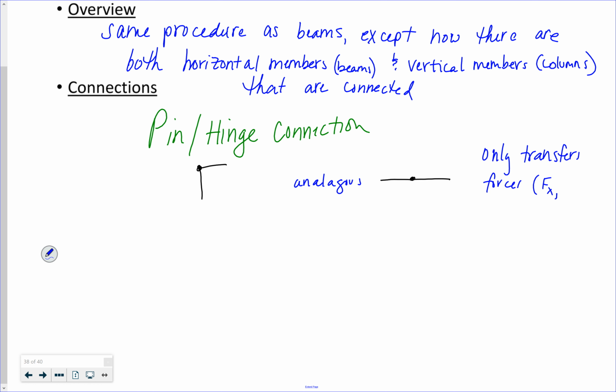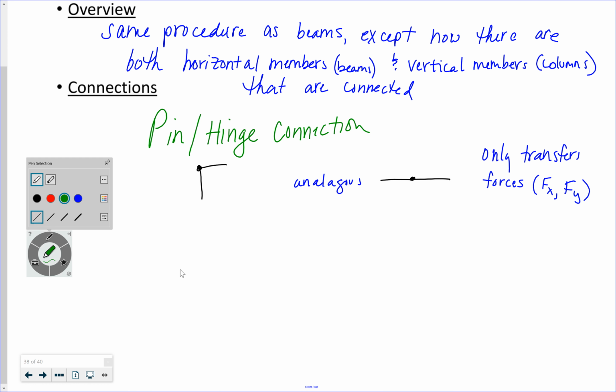So Fx and Fy and Fz if we were in 3D. So we could have a pinned connection. That would be like a braced frame, right? Where we have pin connections.